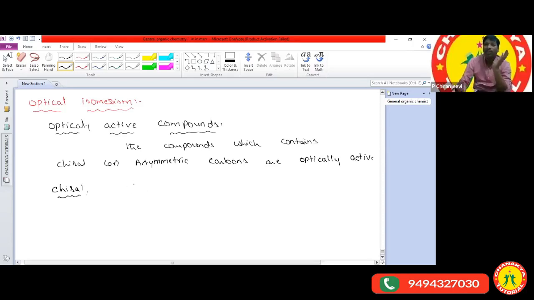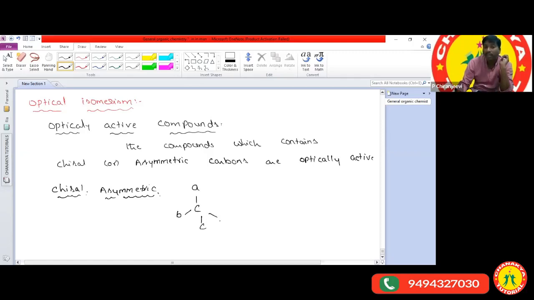Now here also, a chiral carbon or asymmetric carbon means the carbon which is attached to four different atoms or groups of atoms is called a chiral carbon. So what is meant by chiral here? Like our hand, which has five different sizes of fingers, similarly here the carbon attached to four different atoms or groups of atoms is called a chiral carbon.